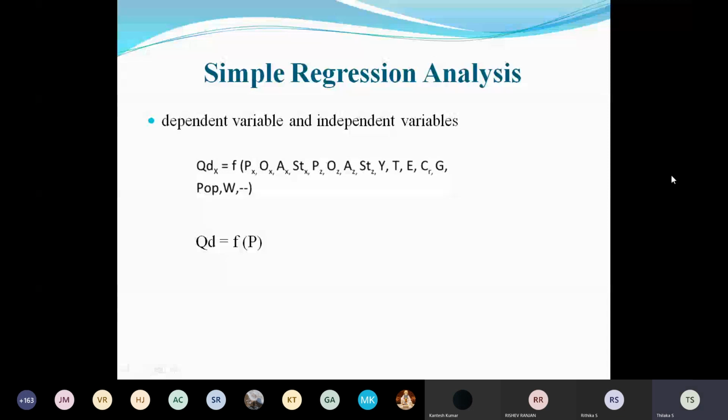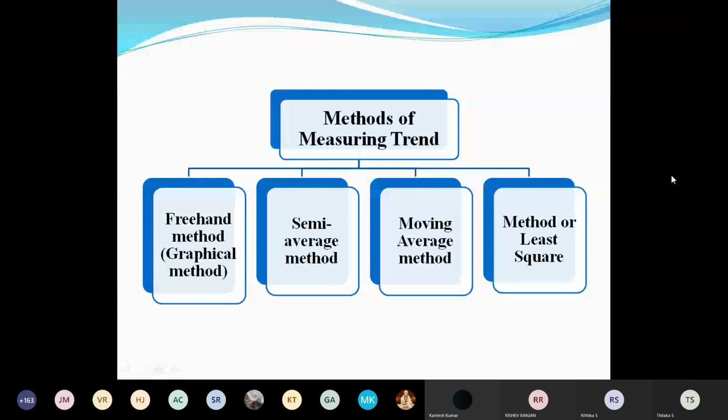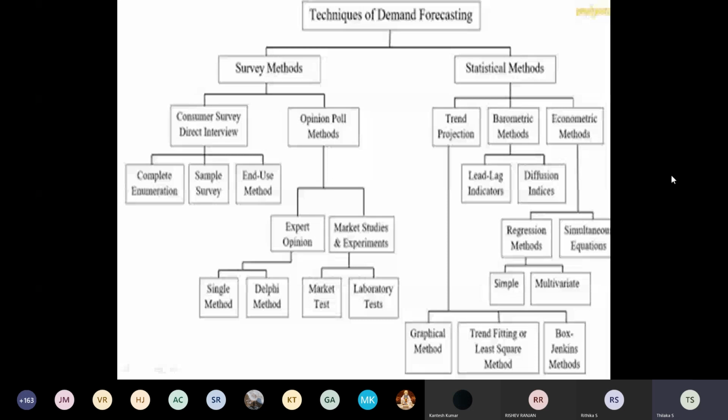So the next thing is I'll give the introduction for the regression analysis. Simple regression analysis, as I already told. Do you remember the flow chart which we discussed? Is the flow chart visible?